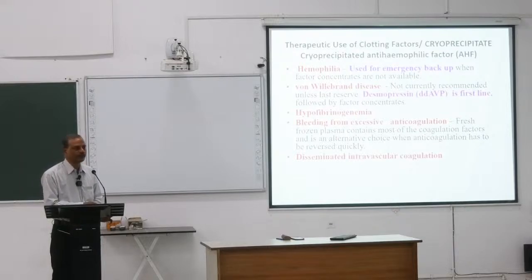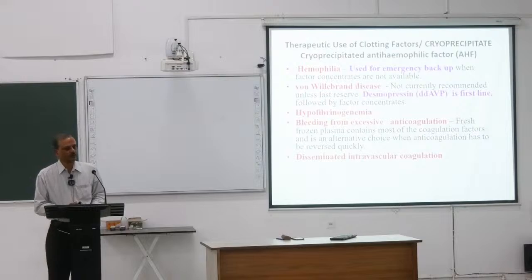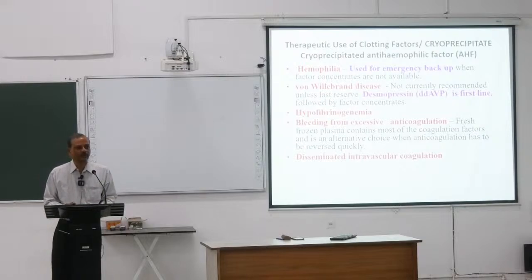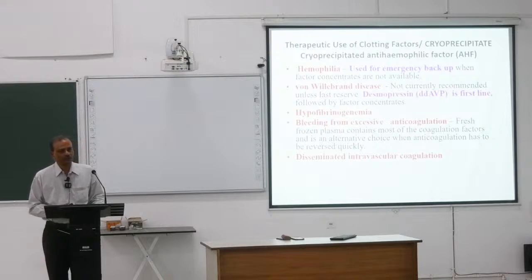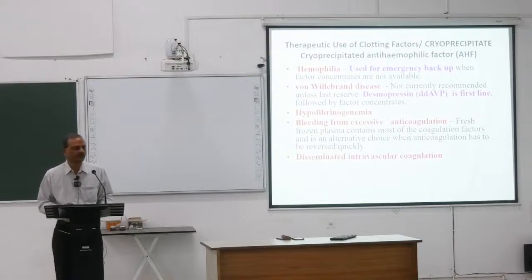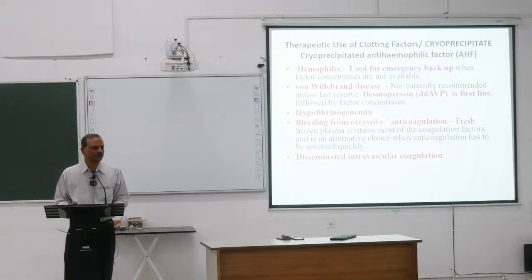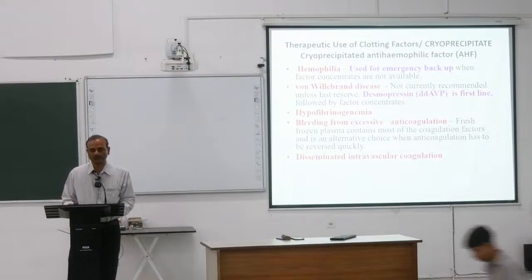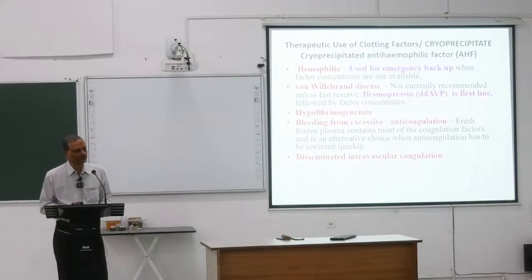And bleeding from anticoagulation: cardiologists are very fond of giving very high doses of anticoagulant drugs to keep the blood fluid so that there is no heart attack. But in course of time, honestly speaking, most cardiac patients die from intracranial hemorrhage because of excessive anticoagulation therapy.